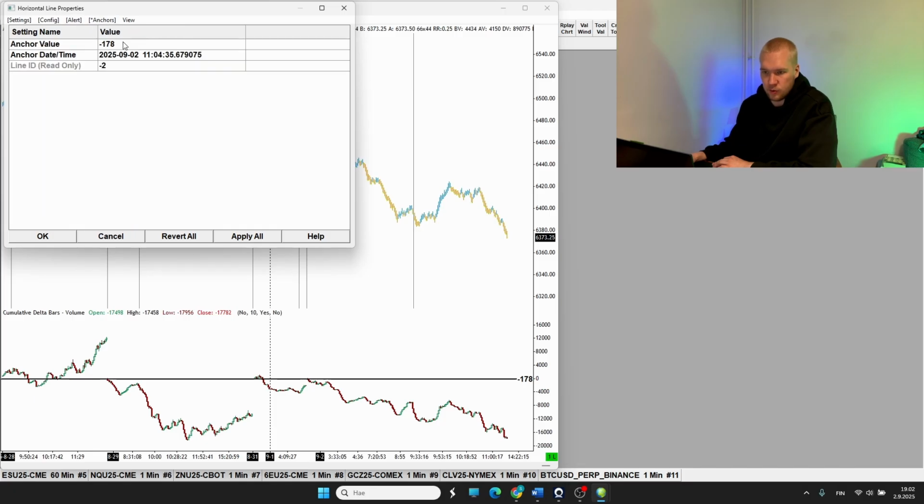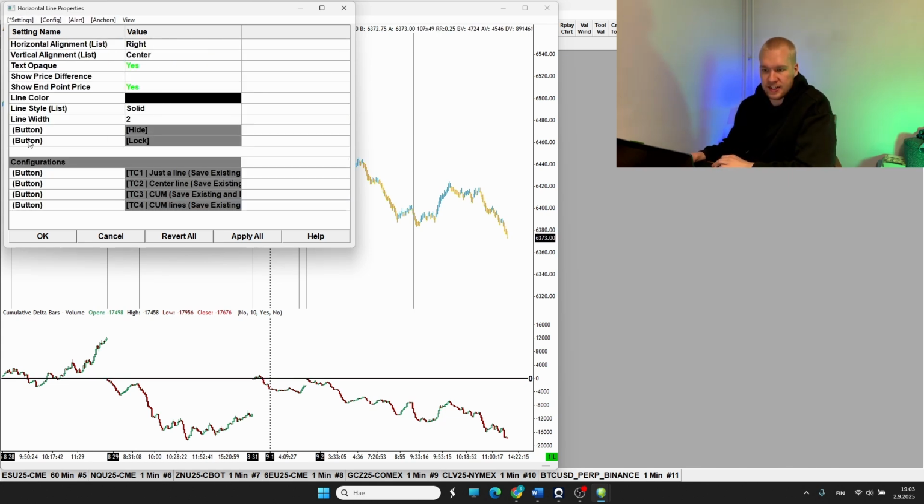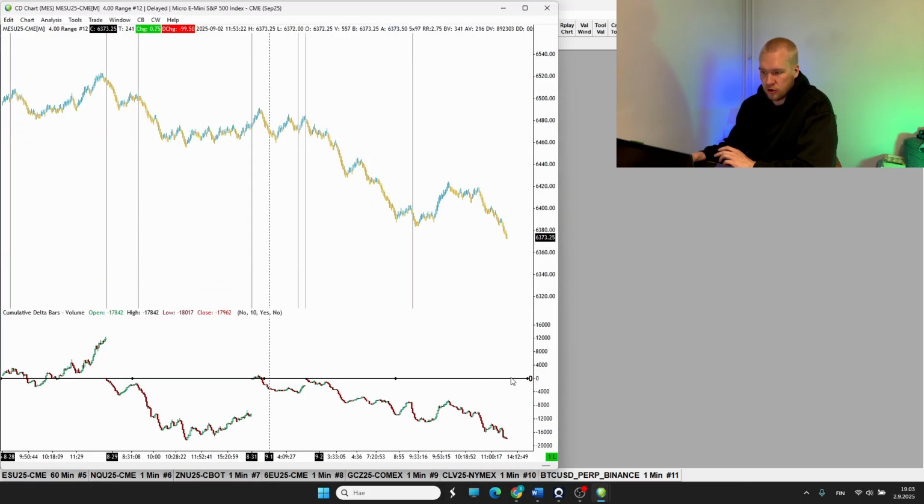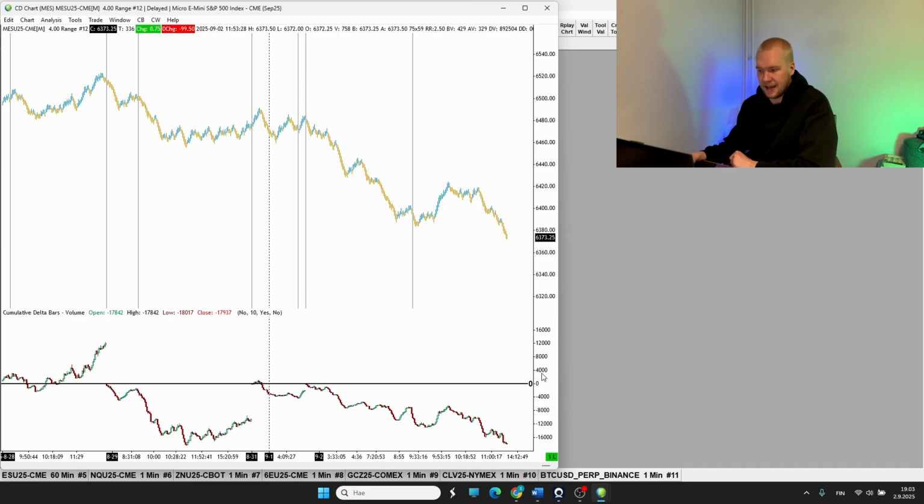And then you want to come to the anchors here, and we'll put this at 0. So now we've put it at 0, and then just lastly we need to lock it. So now when we press apply, and when we get out, we can select it, but we can't move it. And that's very important to keep it at 0.